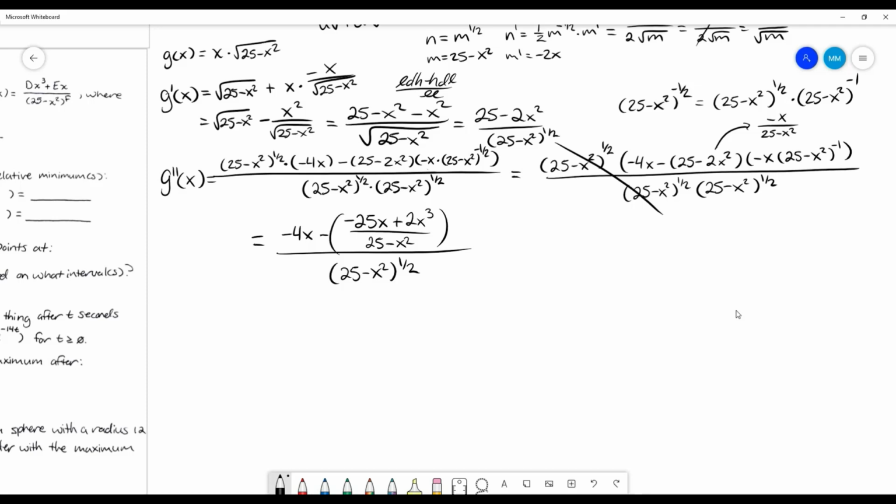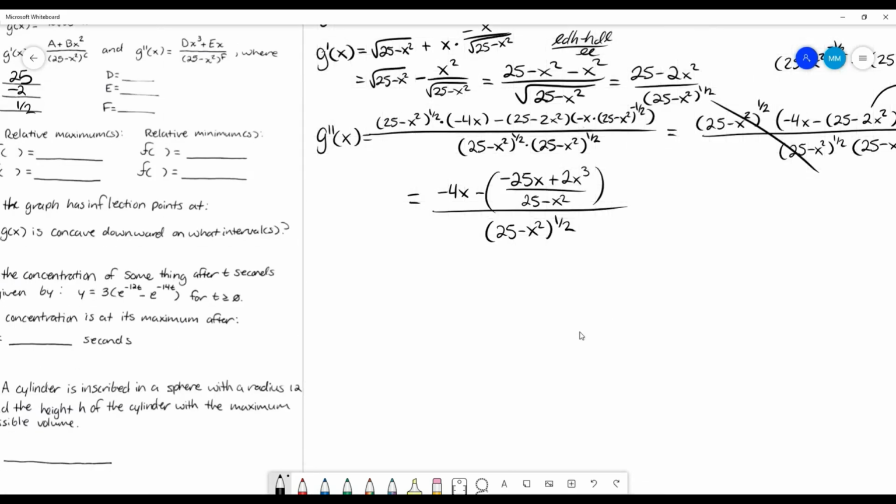Okay. And this, again, kind of feels like we're going nowhere, but I promise you we're almost there. So now, see, I've got this fraction up here, and I'm subtracting this. So I want these to have a common denominator. So I'm going to multiply this by this, top and bottom, so that I can put that in that numerator there. So it's going to be negative 4x times 25, so negative 100x plus 4x cubed.